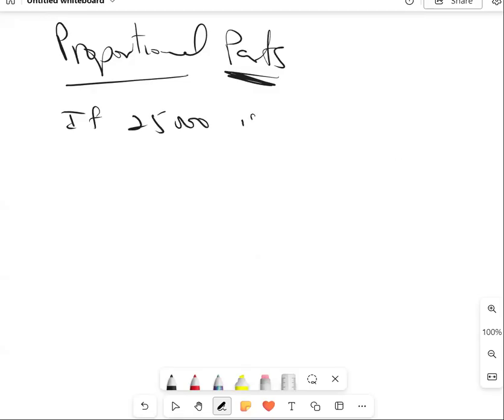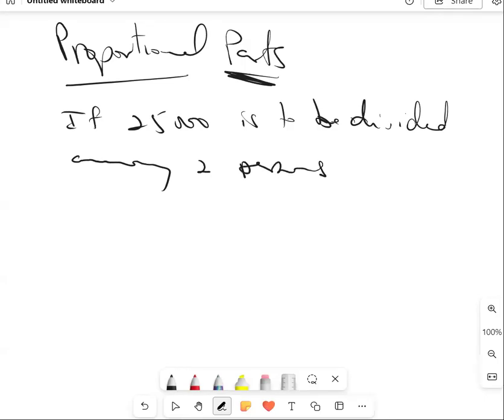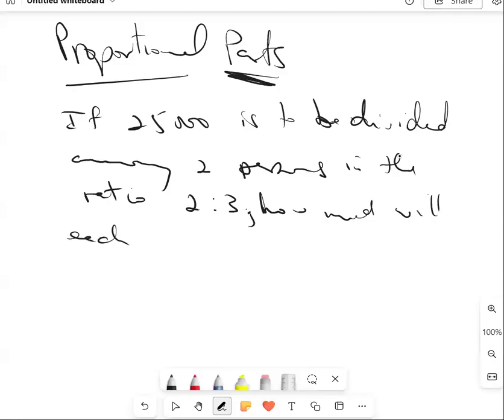If $25,000 is to be divided among two portions in the ratio 2 to 3, how much will each person receive?